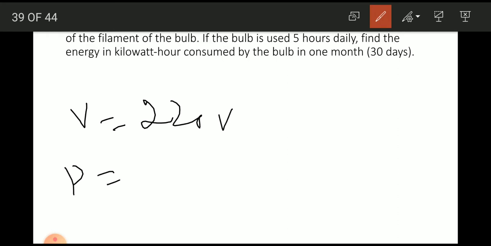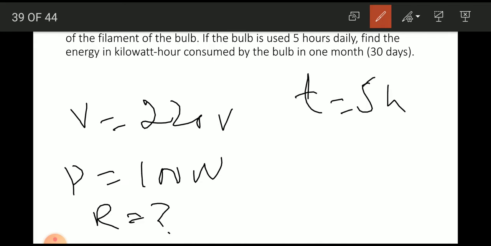Power is 100 watt. Find the resistance of the filament. If the bulb is used 5 hours daily, time 5 hours, find the energy in kilowatt hour consumed in 1 month. Number of days 30.